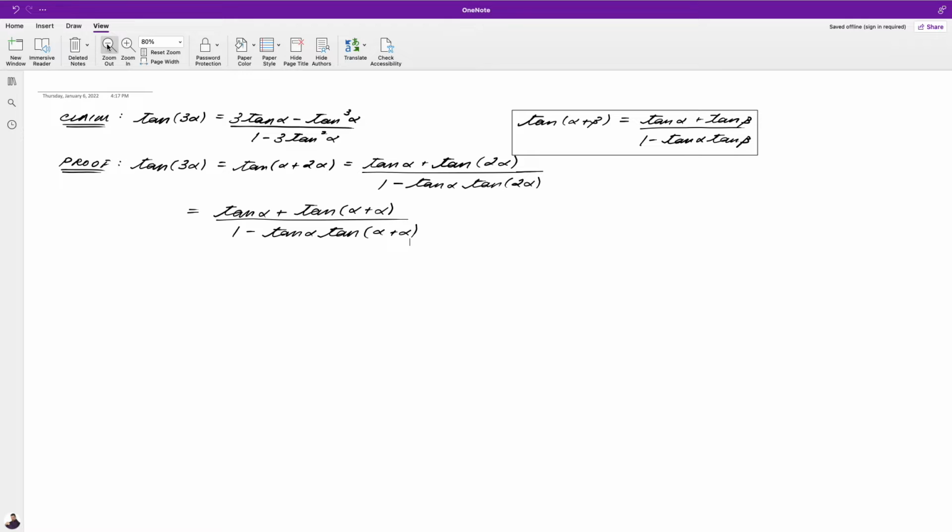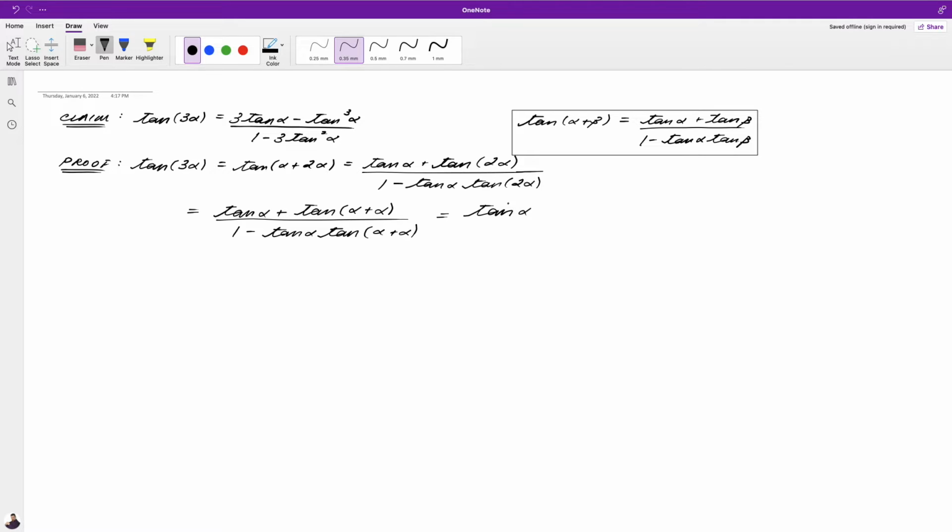Very good. So now, as we said, we're going to use this formula again. So this is going to give us tangent alpha plus, now we've got to use this, tangent alpha plus tangent alpha over, just this part here, 1 minus tangent alpha tangent alpha, all of that divided by 1 minus tangent alpha.